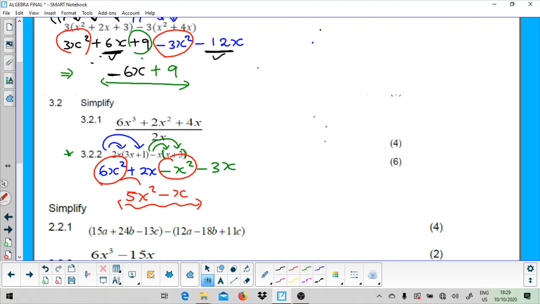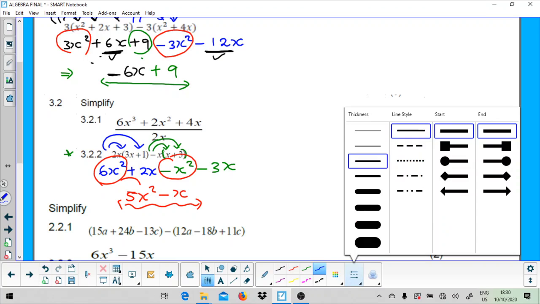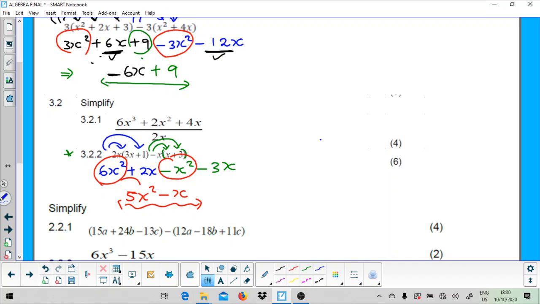Okay, so now we also have a fraction that we have here. So let's just see how we handle fractions as well while we are still here. So this expression that we have on 3.21, I always say if you have an expression like this, if the denominator is one term, on the denominator you can see it's just 2x.